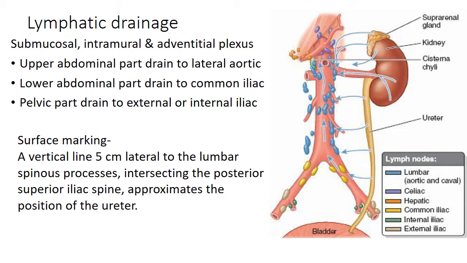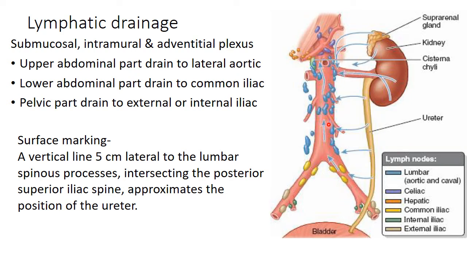Lymphatic drainage of ureter. There are three sets of lymphatic plexus formed within the wall of the ureter: a submucosal plexus, intramural plexus, and adventitial plexus. Lymphatics from the upper abdominal part of the ureter drain into the lateral aortic group of lymph nodes.